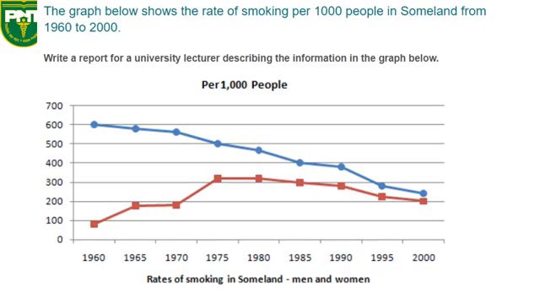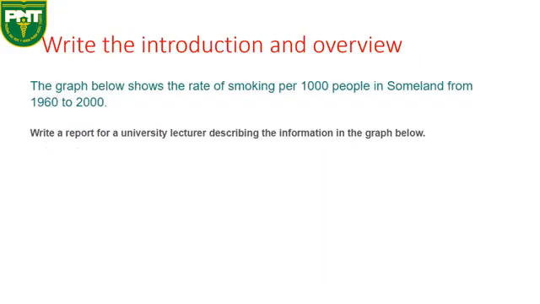This is an illustration of a line graph. Of course, we have a title or the question and a line graph over some years with some categories to compare to each other, right? And well, please write the introduction and the overview of this kind of graph.